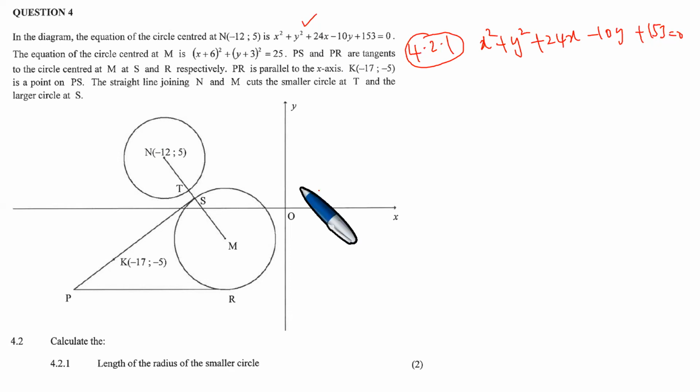You need to complete the square here. You group the x's together, so x squared goes with 24x.